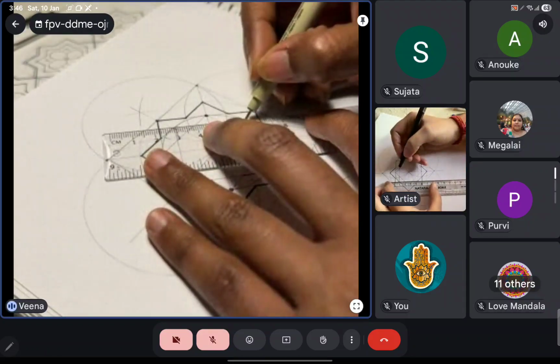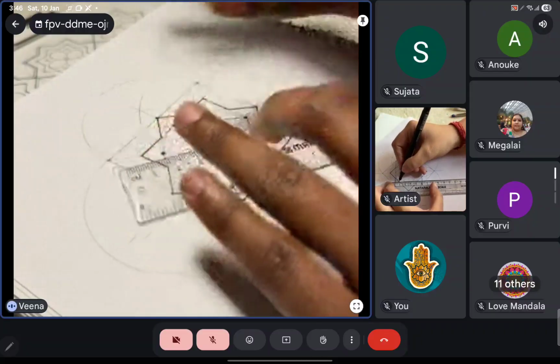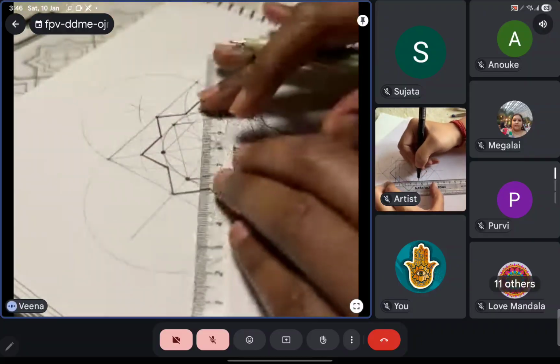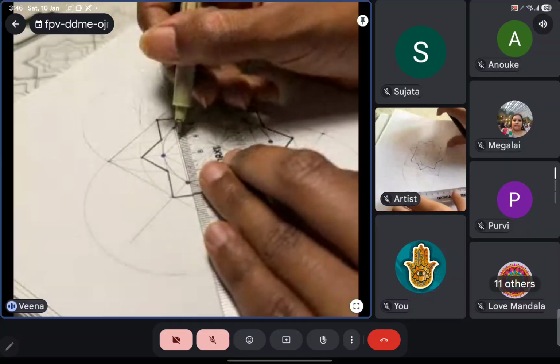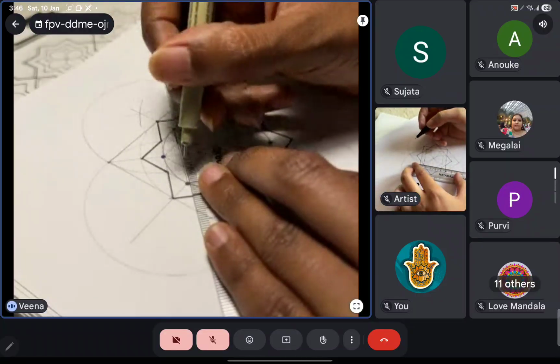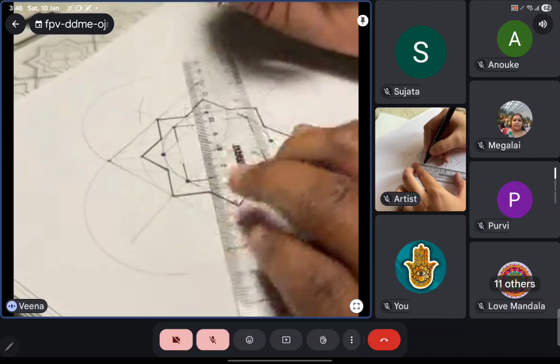So now when we're going to do this design in our broader design, we are not going to do this much construction because we already know what lines we have.